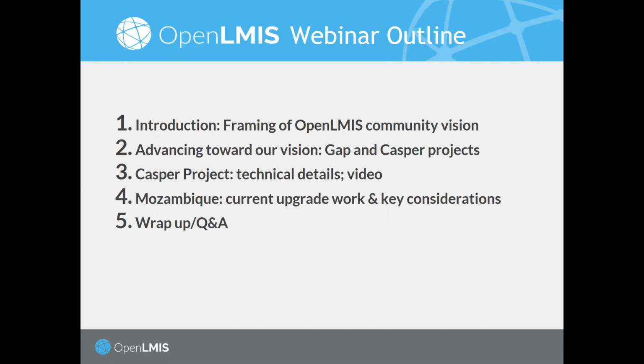And then Chong Sung will dive into some more technical details about the Casper project in particular, and also show us a quick demo video that he created for this webinar. And lastly, we'll hear from our two colleagues in Mozambique to describe the current work that they're doing to work toward an upgrade in Mozambique, and talk through some of their key considerations and lessons learned from their experience so far. And lastly, we'll wrap up with some time for discussion and Q&A based on the feedback that we get from our chat.